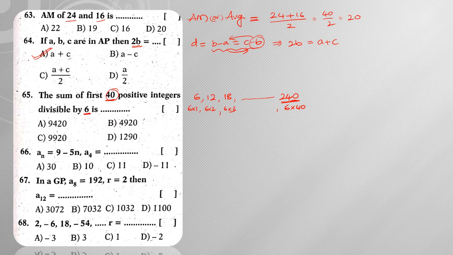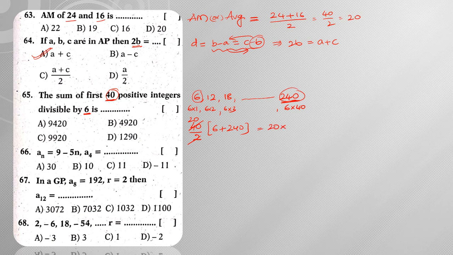Now what is he asking? He is asking you to find the sum of these. You can do it in two ways. The first one is by taking the sum of first n natural numbers, which is given by 40 by 2 into first term plus last term, which is 6 plus 240. In 2 table, 40 cancels 20 times.